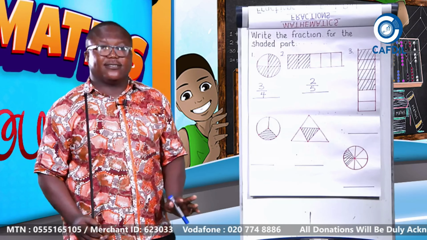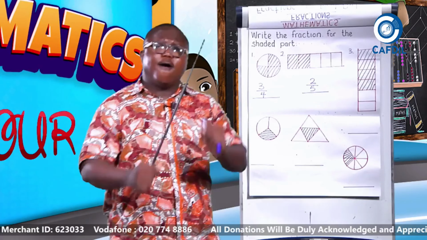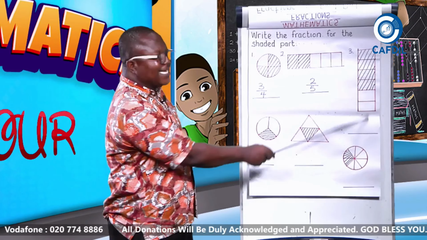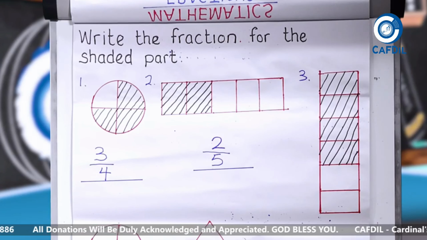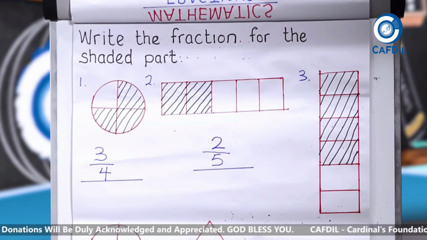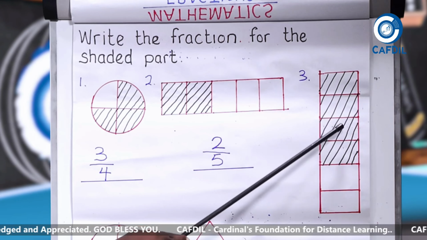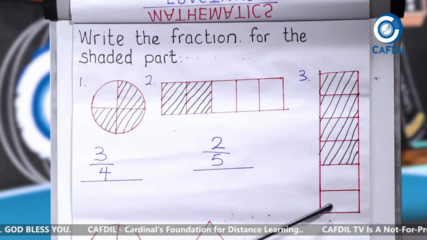You've seen it. So it has been divided into 6 equal parts. This rectangle which is standing has been divided into 6 equal parts. Let's count and see. 1, 2, 3, 4, 5, 6.